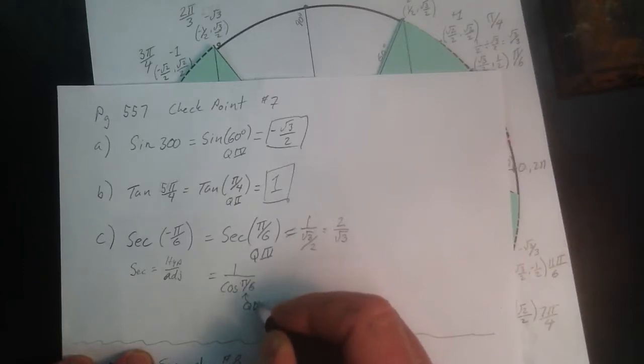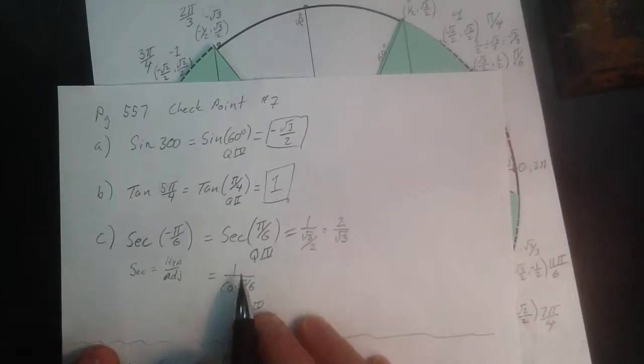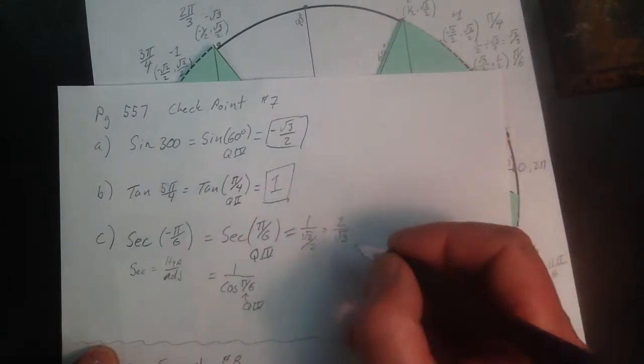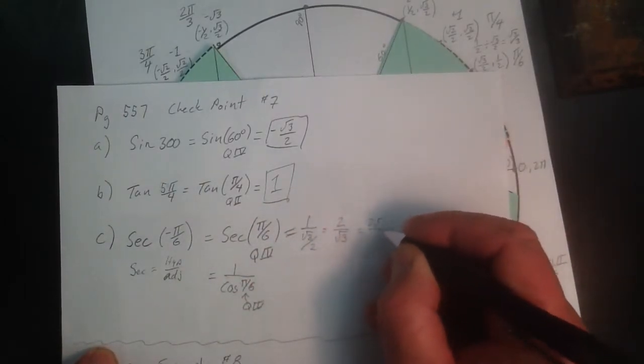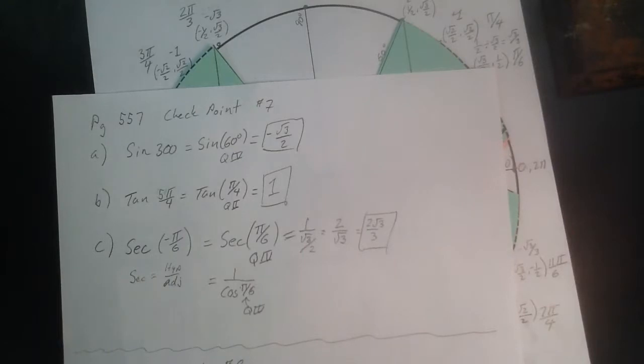But I'm going to get the exact same answer. I just like to work in terms of adjacent over hypotenuse, rather than hypotenuse over adjacent. Okay, and then let's rationalize this denominator. And that is my final answer.